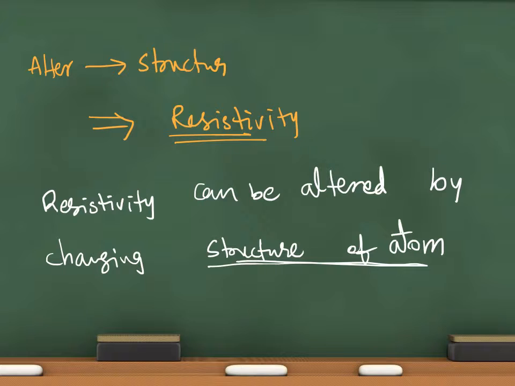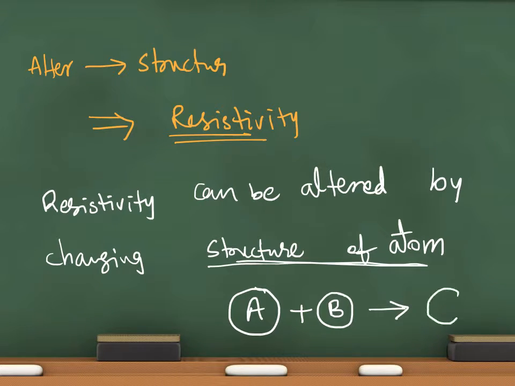Suppose I have a base material A, this is an electrical material. If I add another material B, the result is a combination of A and B. In the first material I have some resistivity. Due to adding the B material, there is a mixture of A and B, so there will be a change in structure.